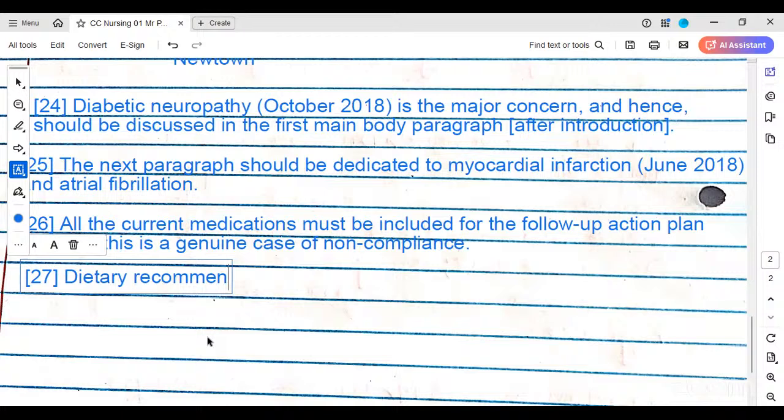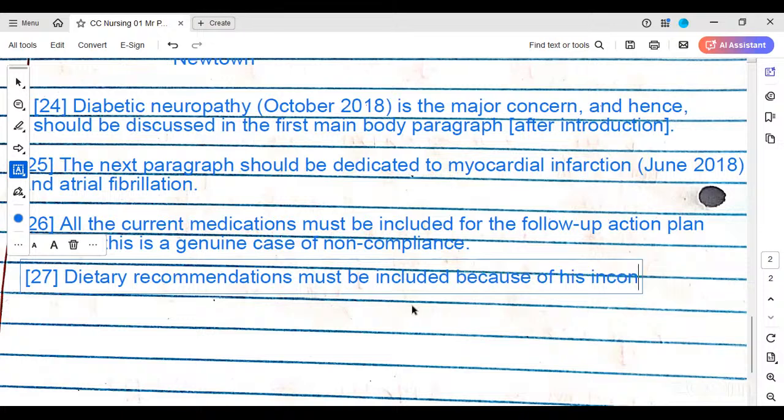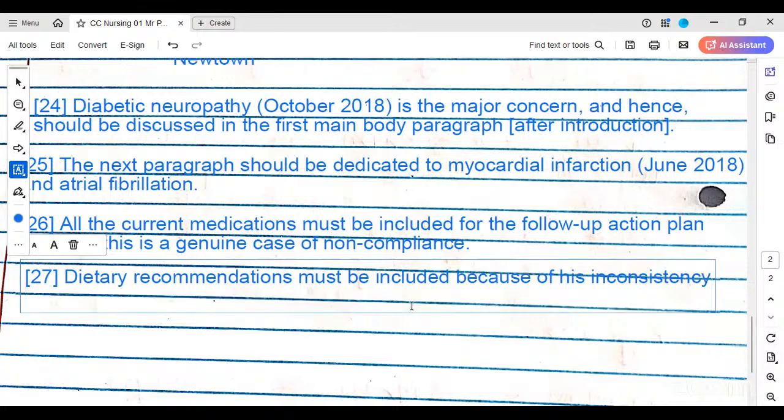Dietary recommendations must be definitely included. Must means definitely. Why? Because of his inconsistency with food and alcohol, not only food, okay, food and alcohol, drinks.